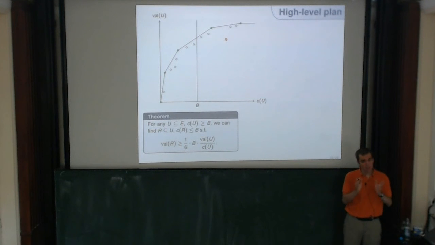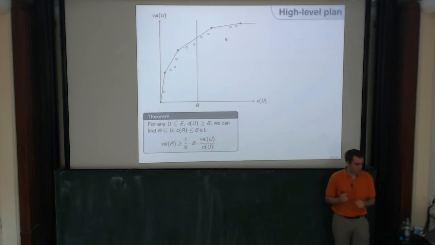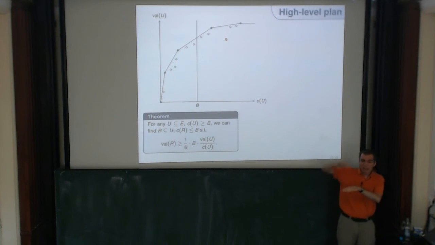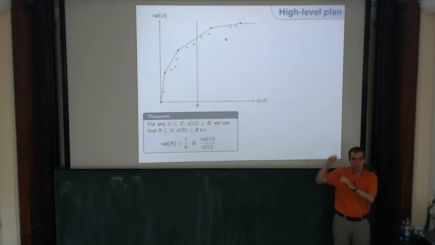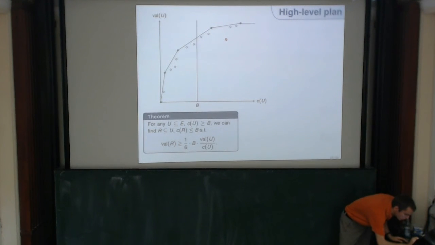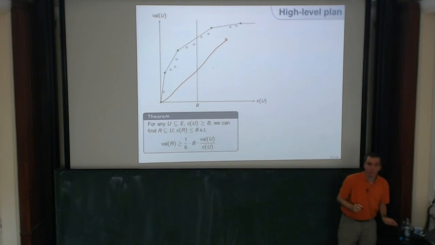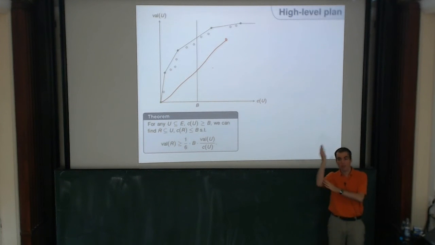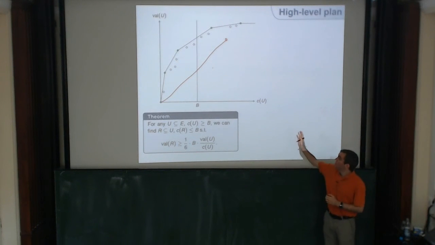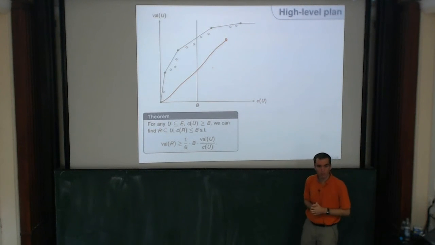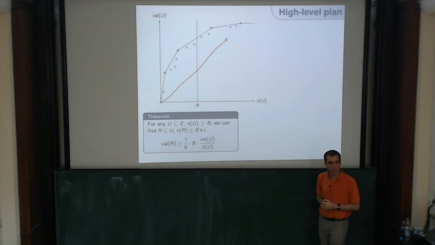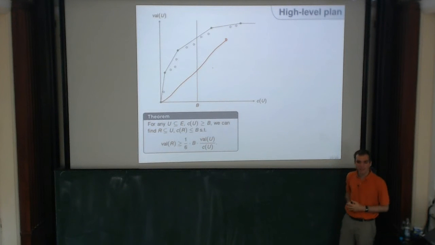So first, let's think of it as follows. I like to think of sets as having a certain efficiency. Efficiency means the impact they have, the value, with respect to what they cost. So it's like the slope from the origin to that red point. Sets that are further up have a higher slope, so they have a higher efficiency because they get more bang for the buck, right? For the same budget, you get a higher impact.